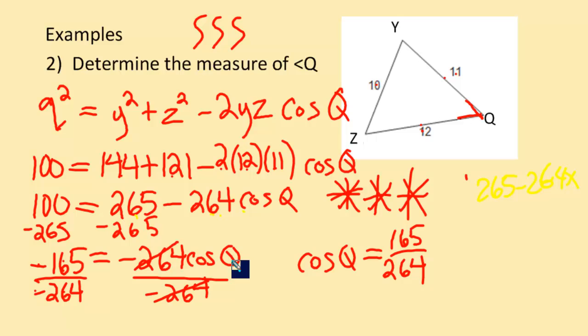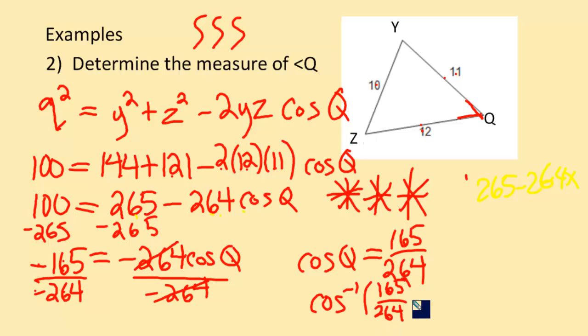I still don't have the Q isolated. I know what the cosine of Q is, but I don't know what Q is. So I need to quote unquote undo the cosine function. And if you remember from earlier in this unit, the thing that undoes cosine is inverse cosine. So this is a good calculator problem. I am going to take the inverse cosine of this fraction.